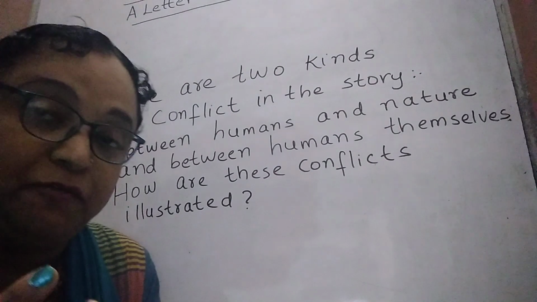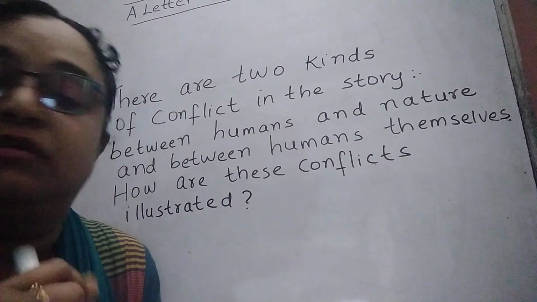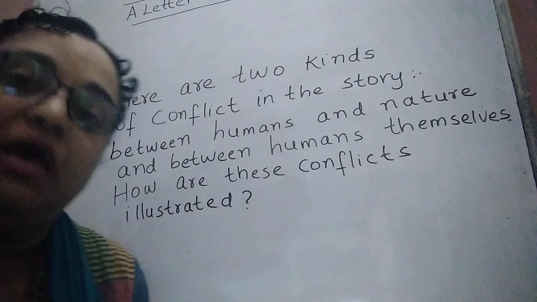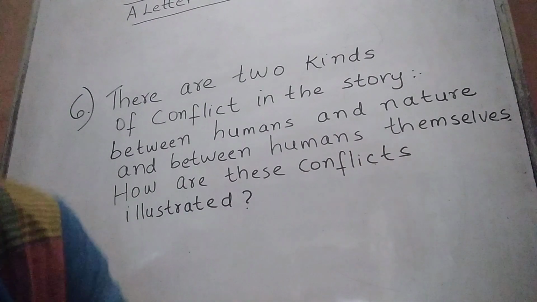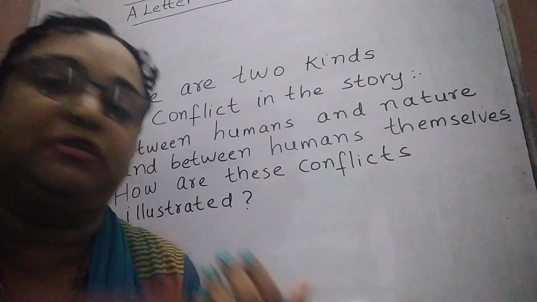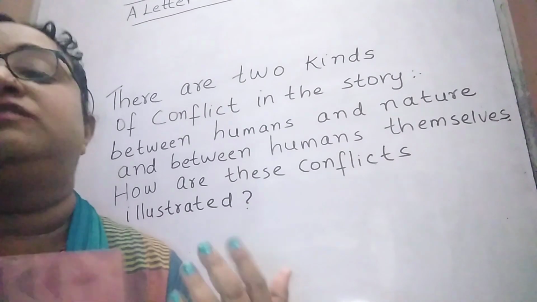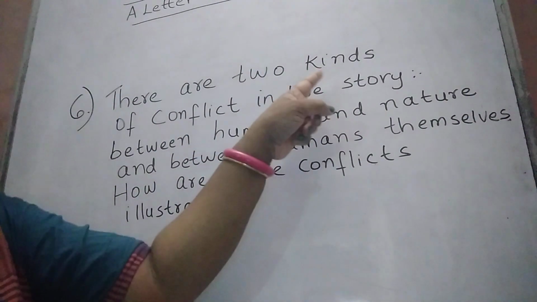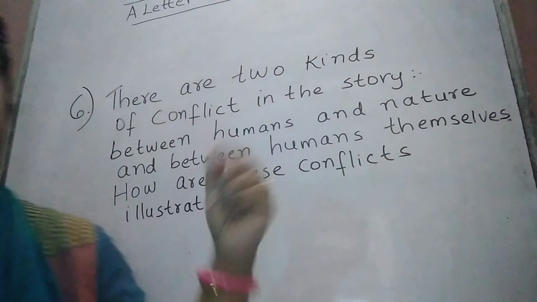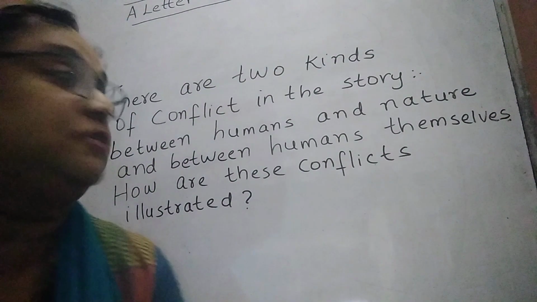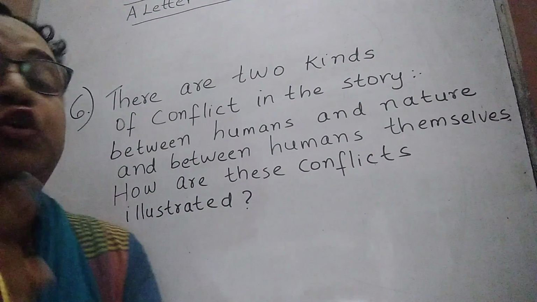The two kinds of conflicts. Without any type of conflicts, we can't proceed with the story, isn't it? There should be some incidents which are taking place for the development of the story, that is necessary, isn't it? So similarly, there are two kinds of conflict in the story. What are they? Between humans and nature.